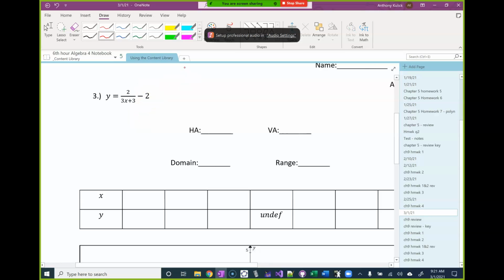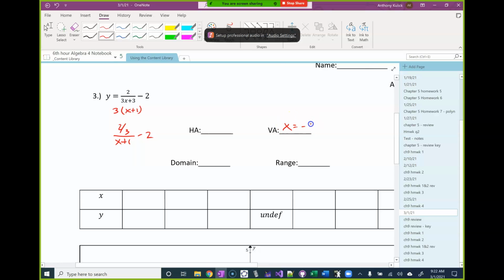Or you could get into form 1 by factoring a greatest common factor from the denominator, and then dividing the numerator and denominator by 3, and we can get it into form 1. Either of those two approaches would be fine.